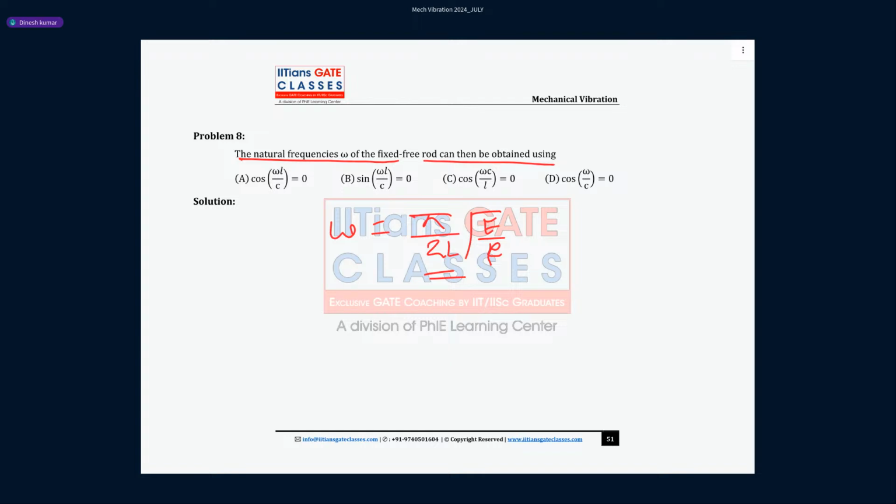We know this came when cos of omega l by c equal to 0, right? For this condition we got this. So basically when cos is 0, it is (2n plus 1) by 2 into pi.